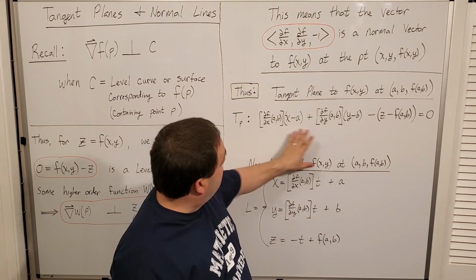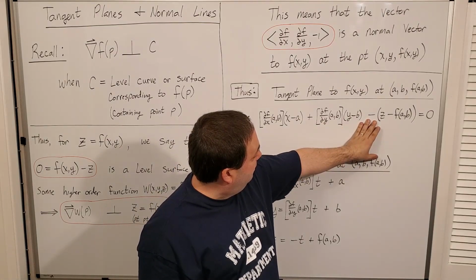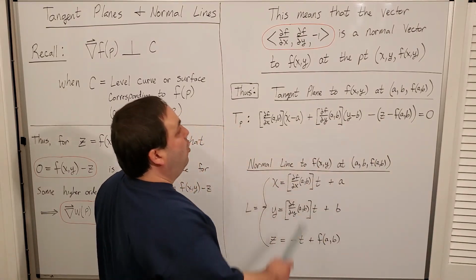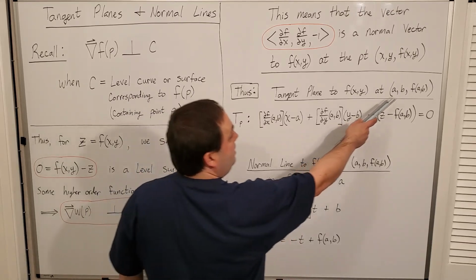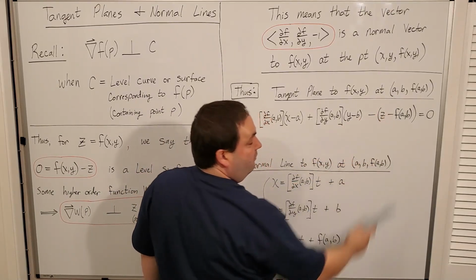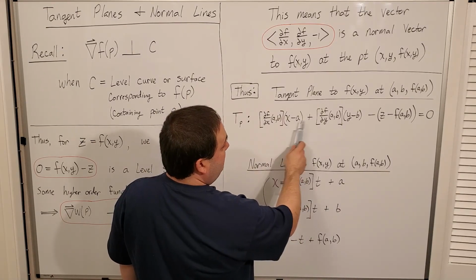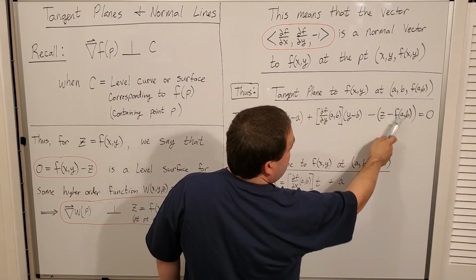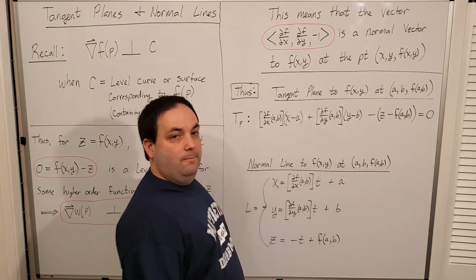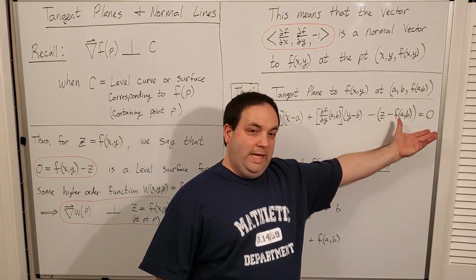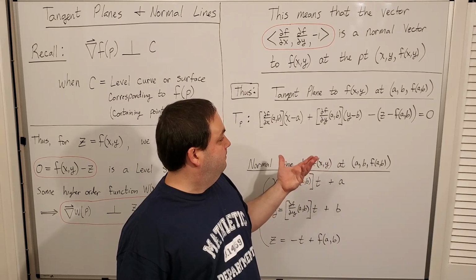And then, of course, the point that we're interested in will be a, b, and the function evaluated at a, b will give me the z value of the point. So a(x minus a), b(y minus b), and -1 times (z minus f of a, b). That's the equation of a plane, right?